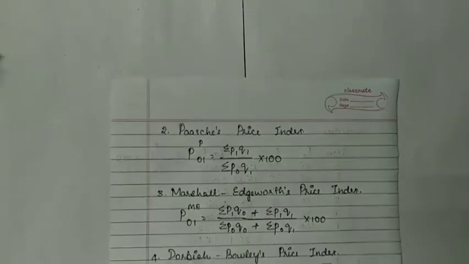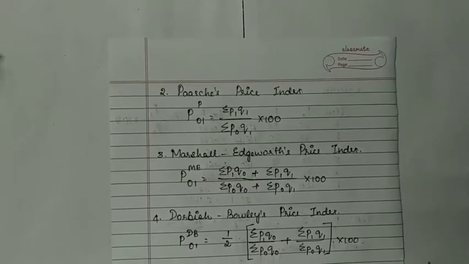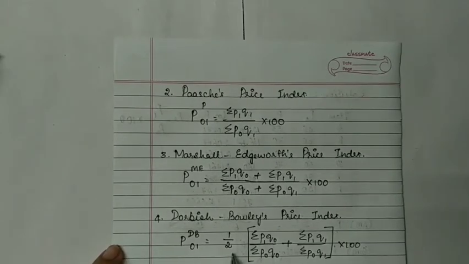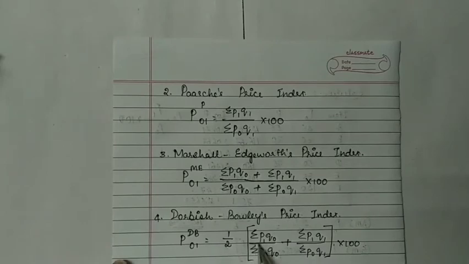And the next one is Drobisch-Bowley price index. So here P01 is equal to 1 by 2 of summation P1 Q0 divided by summation P0 Q0 plus summation P1 Q1 divided by summation P0 Q1 multiplied by 100.